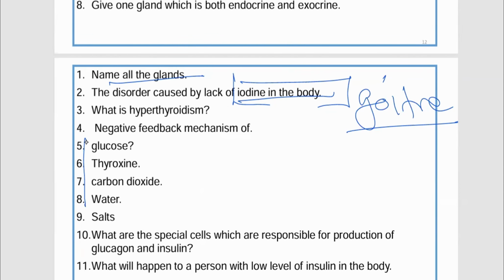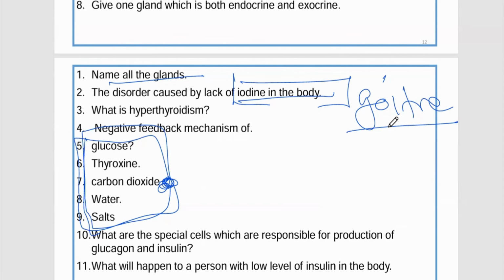Now, these ones, you have to know all the negative feedback mechanism. I won't be specific here that this one is coming, but we like carbon dioxide because you have taken time. People don't like to read this carbon dioxide thing. In most cases, we like carbon dioxide. Let me not say that.